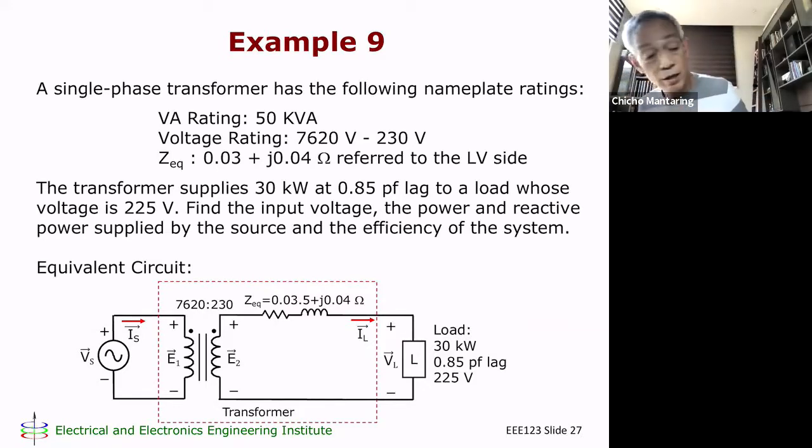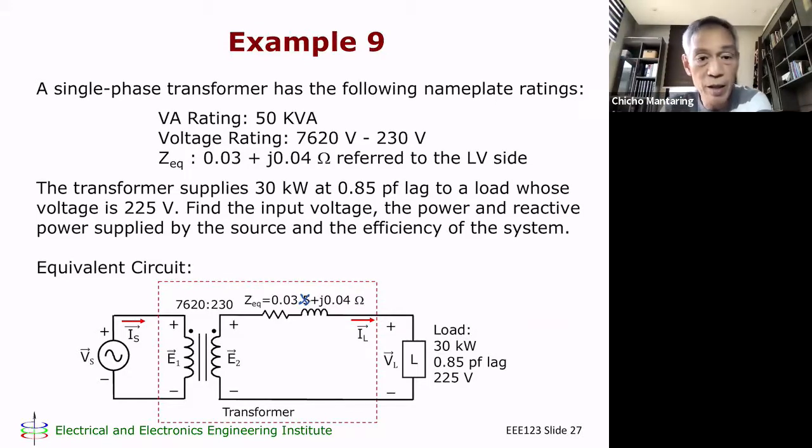Sorry, there's an error here. Wala itong 0.5. Dapat wala yan. There's an error there. That should be 0.03 plus j0.04 ohms. Okay, so this is the specified load where your voltage is 225 volts.